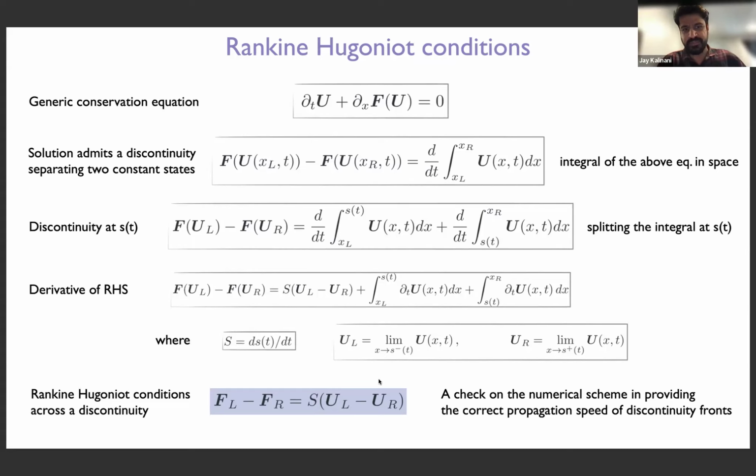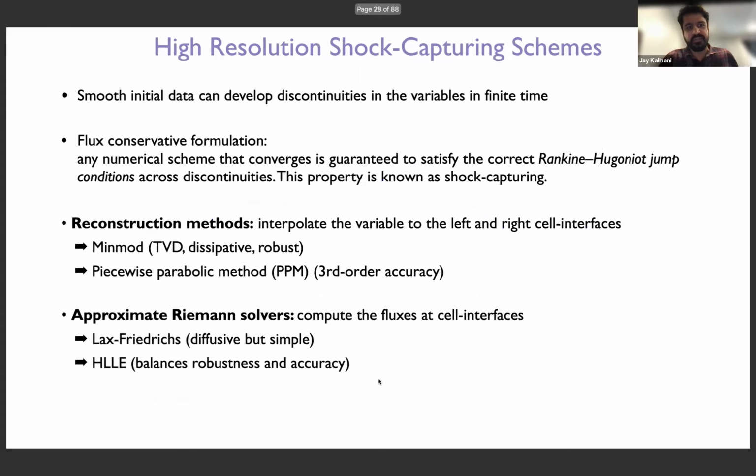Now, based on this, if you want to compute your fluxes at the cell interface, typically codes follow these two-step methods. What they do is something called a reconstruction method, where you have your grid variable, suppose like density, and you interpolate it to the left and right from the cell centers to cell interfaces.